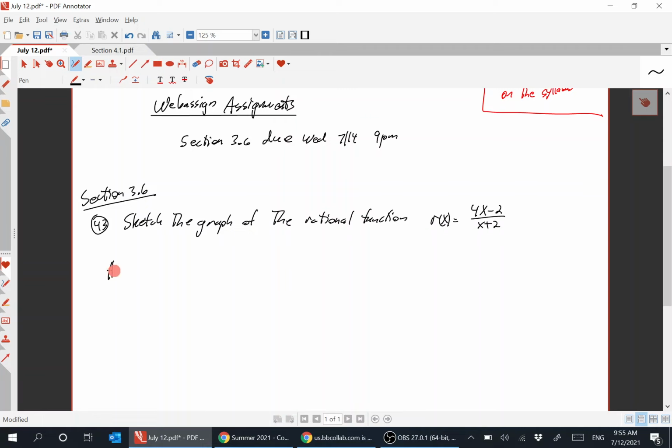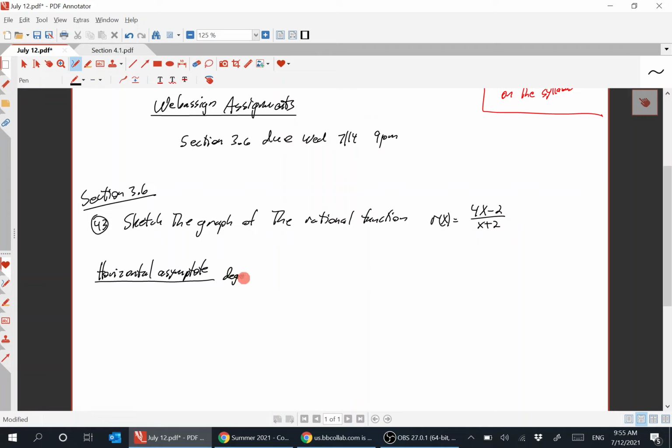So for the horizontal asymptote, we look at the degree of the top and the degree of the bottom of this rational function.